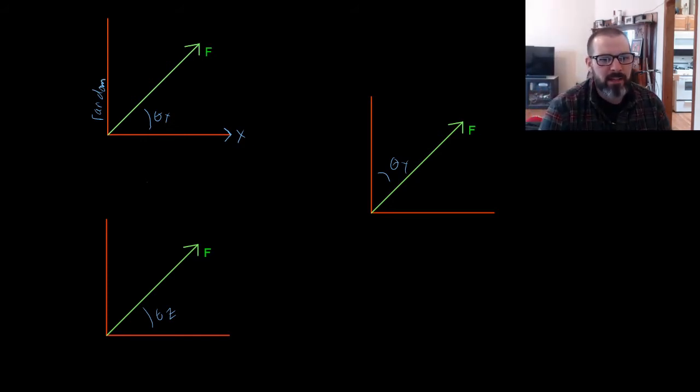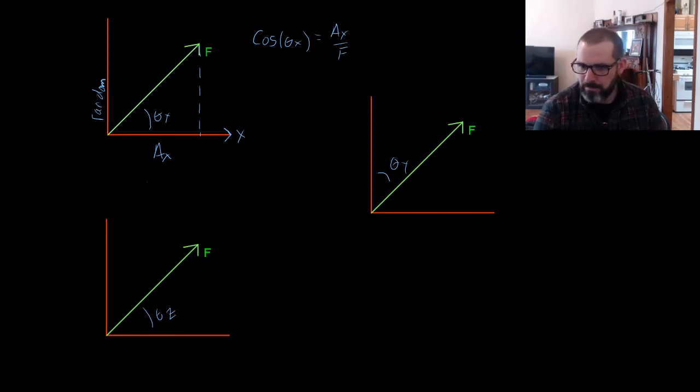If we have theta x and we find the x component of this, this gives us our a sub x. And we can say that the cosine of theta x is equal to ax over the total magnitude of the force. If we look at theta y, this axis here is the y-axis. The axis on the bottom is some random axis.